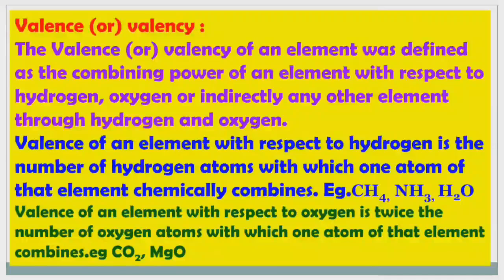Magnesium oxide: with 1 magnesium, 1 oxygen is bonded. So, magnesium valency is 2, twice the number of oxygen atoms. If you consider hydrogen, the number of hydrogens bonded is the valency. If you consider oxygen, twice the number of oxygen atoms bonded will give the valence.